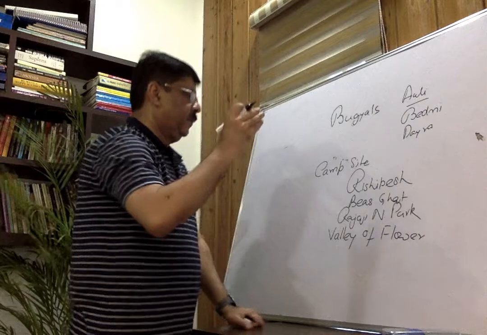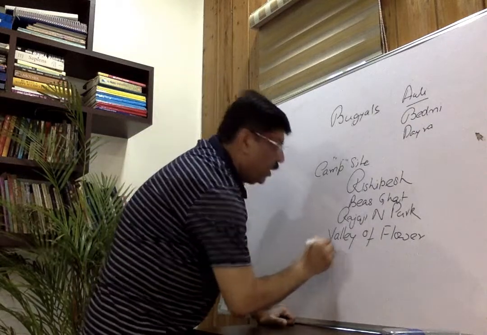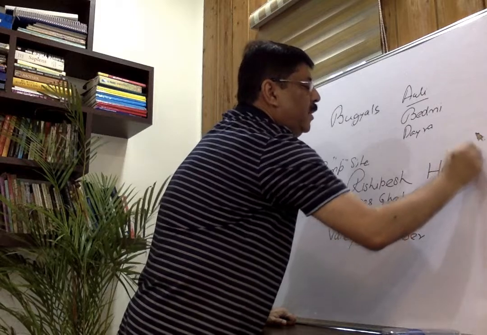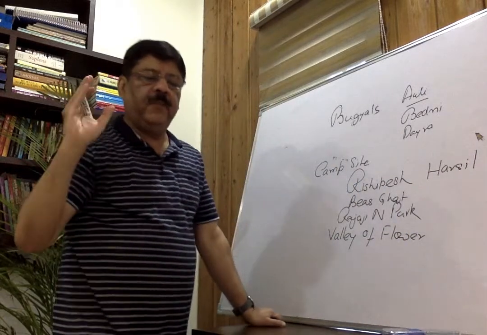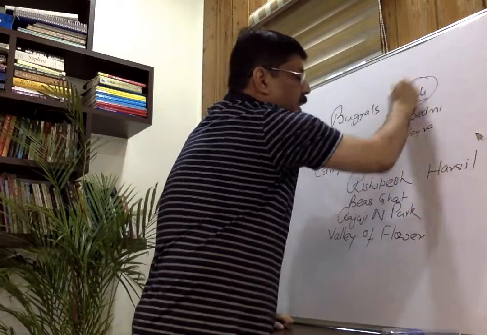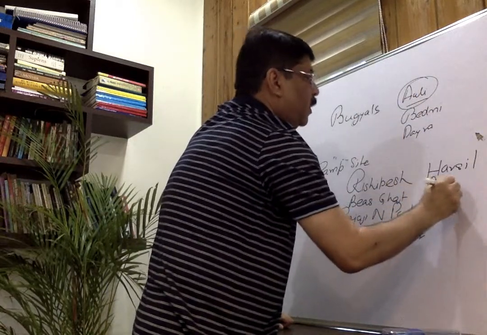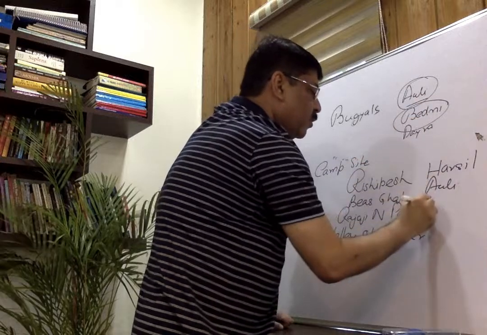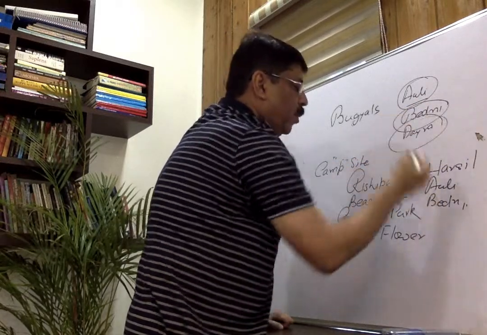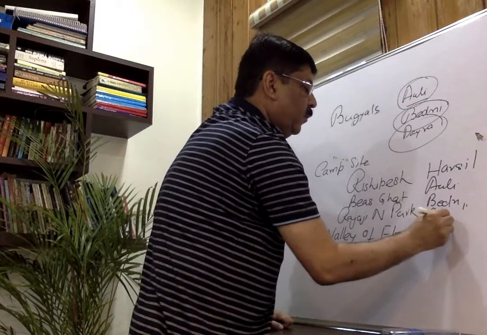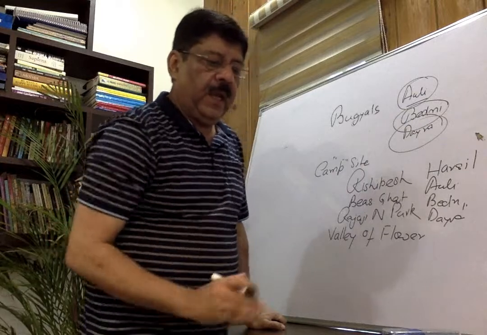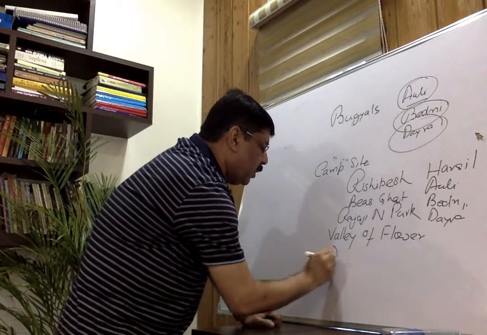You can pitch your tent in Harsil, a rather untouched tourist spot, but very good. You can camp in Auli, Bedni, Daira Bugyal. Camping is a new trend these days. And at Dodi Tal you can pitch your tent.